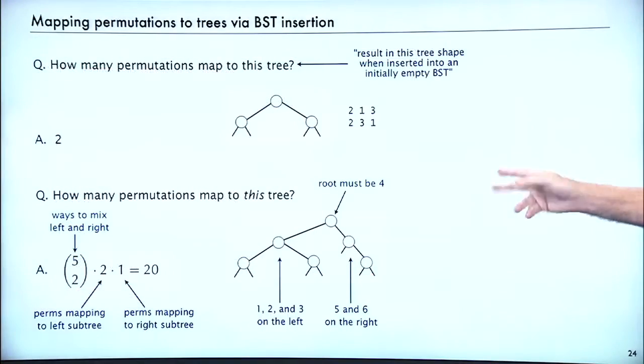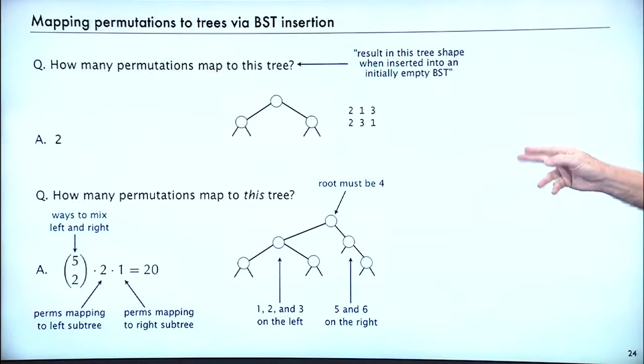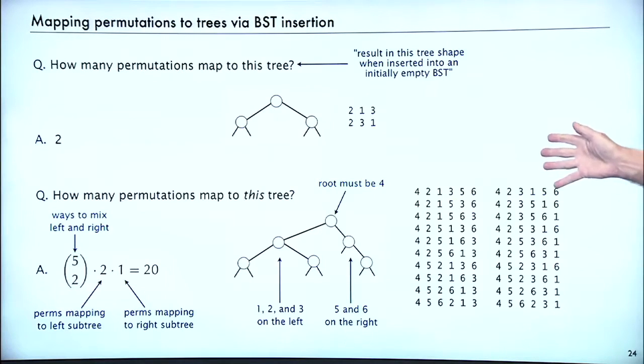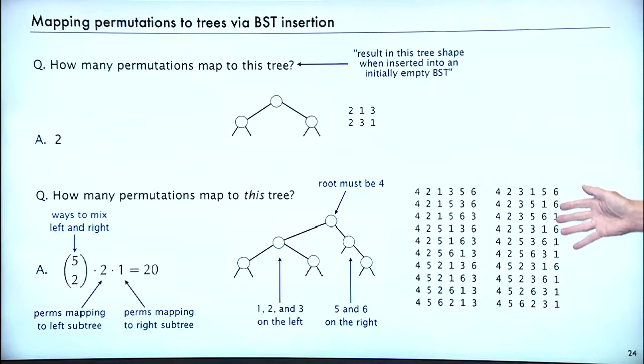And then you've got the 2 possibilities for the left and in this case, the 1 possibility for the right. And those are the 20 permutations that lead to that tree shape. You can validate that if you don't quite believe or understand that math. So that's a bigger example.